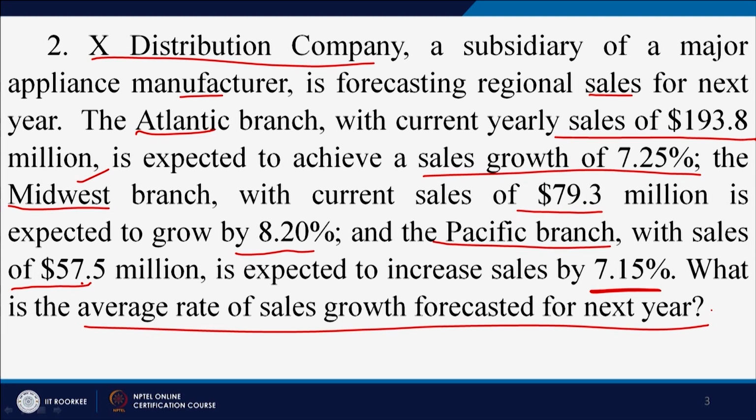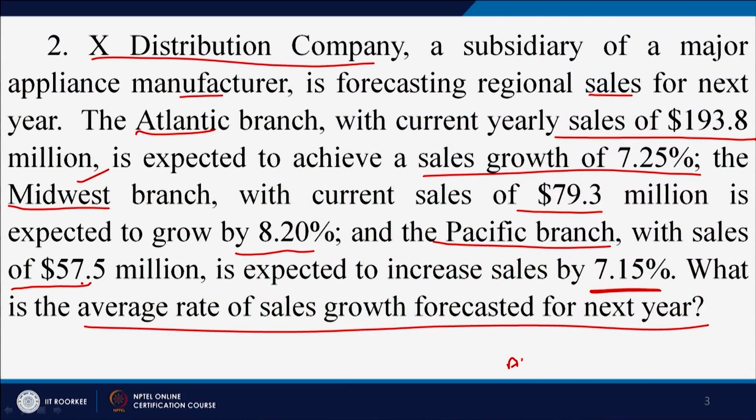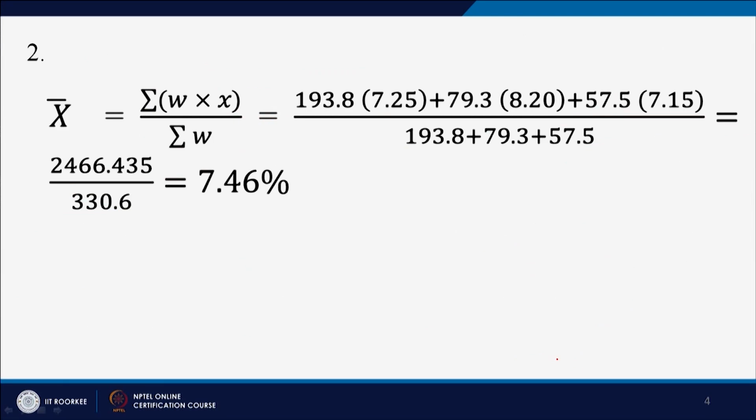So, what kind of example is this? Do we have to calculate the arithmetic mean, the geometric mean or some other mean? Just think for a while. If your answer is arithmetic mean, that is the wrong answer. If it is geometric mean, that is also wrong. The correct answer is the weighted average mean.